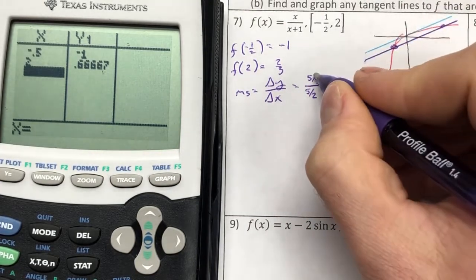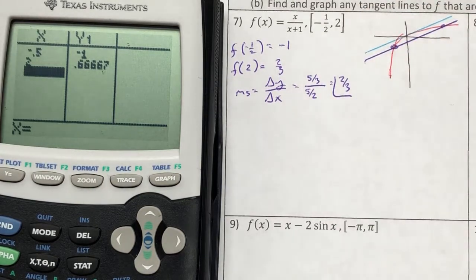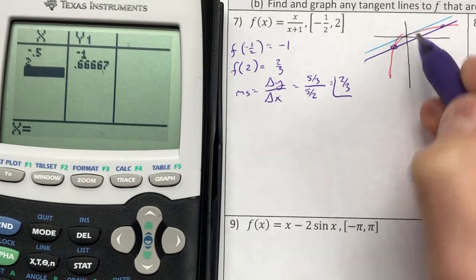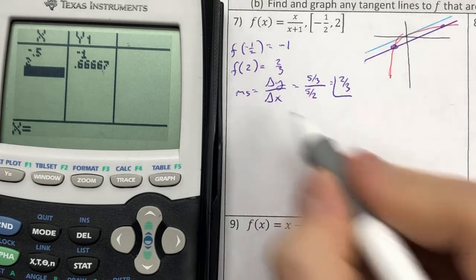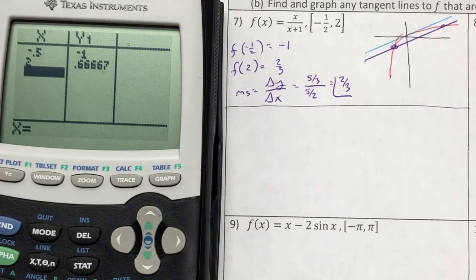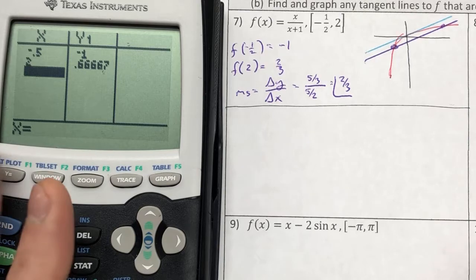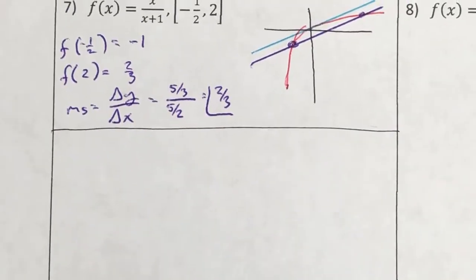Let's see, that's keep, change, flip, that'll be 2/3. I need to find the tangent line that has a slope of 2/3. So how would I find the equation of a tangent line with a slope of 2/3? You guessed it. What I'm going to do is push this over, and I'm going to find the derivative of this equation.